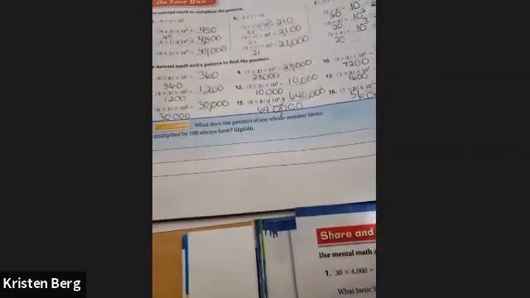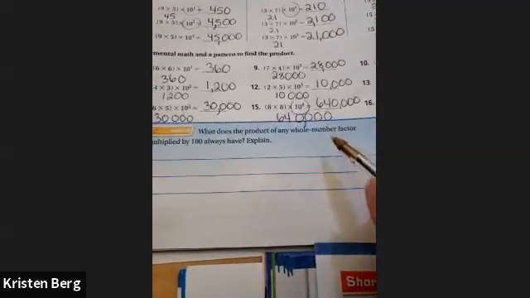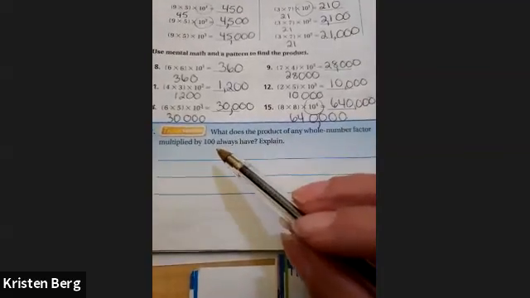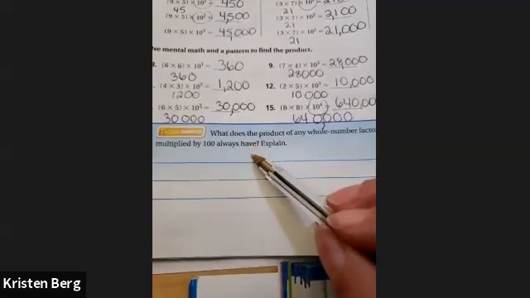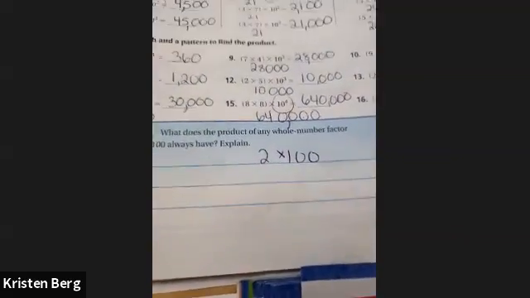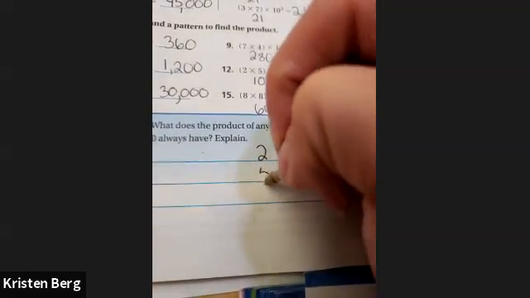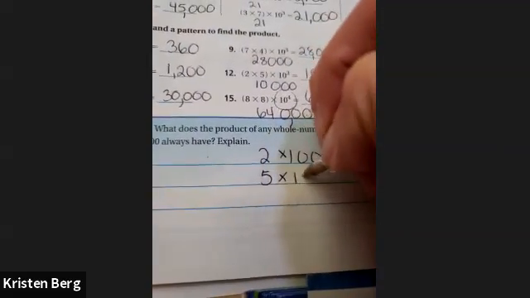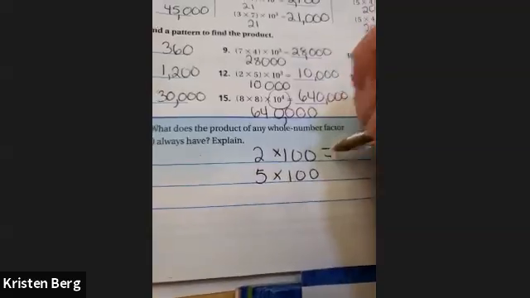All right, so then it says, what does the product of any whole number factor multiplied by 100 always have? So if I pick any whole number, say 2, and I times it by 100, what will it always have? If I picked another number and times it by 100, what will it always have?